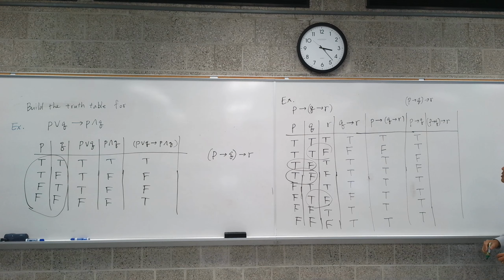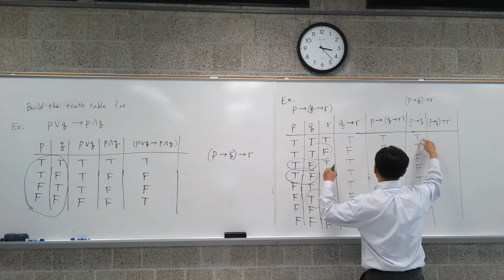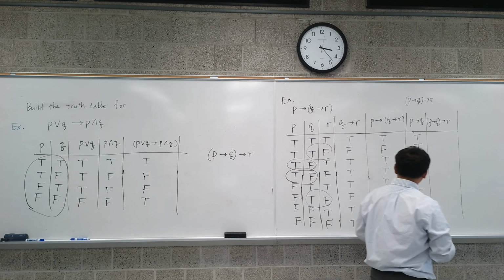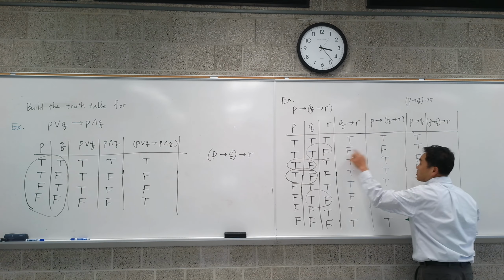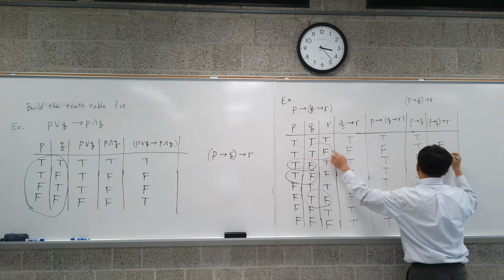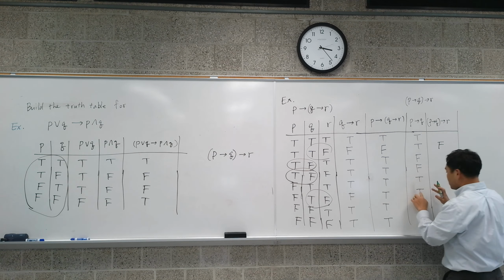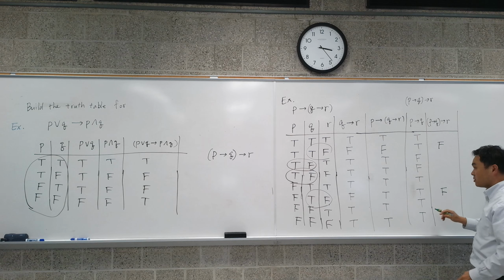Okay, and then now it's this implies R, and so it's this implying R. So you just have to look for when this is true and this is false. So T implies false, that's going to be false. Okay, and then here T implies T, that's good. T implies false, that's going to be false.